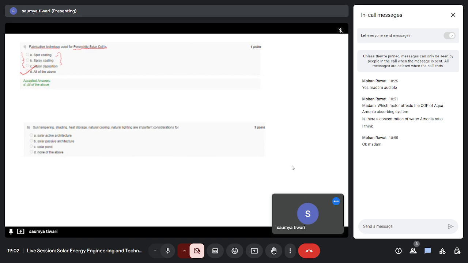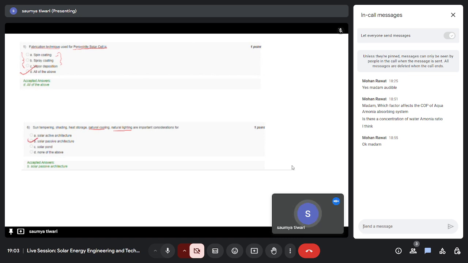So passive solar heating involves design structure, and active solar heating uses collectors, storage devices, or a heat pump to collect solar energy and then distribute it throughout your home or building. So sun tempering, shading, heat storage, natural cooling, natural lighting are important considerations for solar passive architecture.